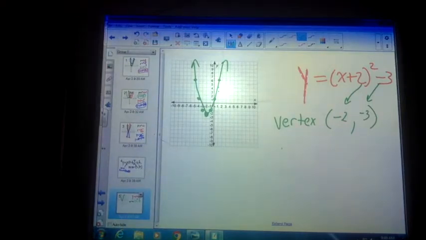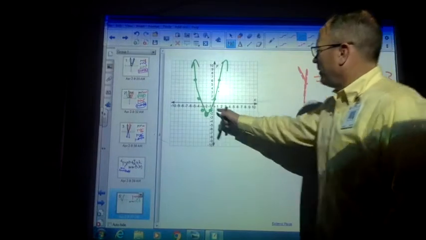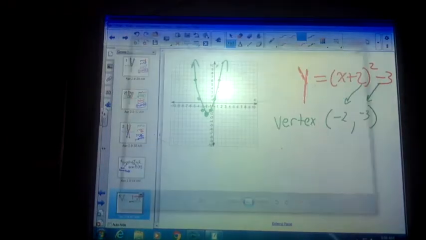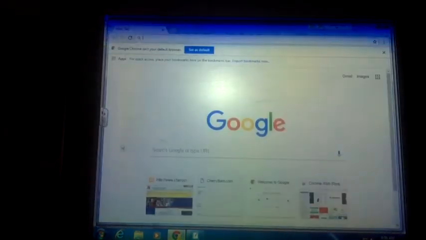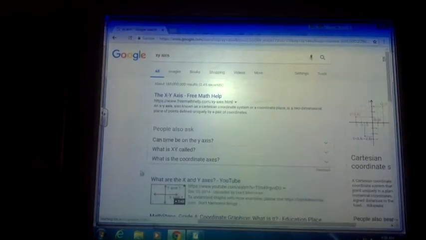Logically, does that make sense? That's a negative 2 and a negative 3. On the graph, I'm going to make a change to this grid. My numbering is off on that. The boxes are correct, it's the numbers. So I'm going to find one that doesn't have those numbers in there. We'll Google XY axis images.